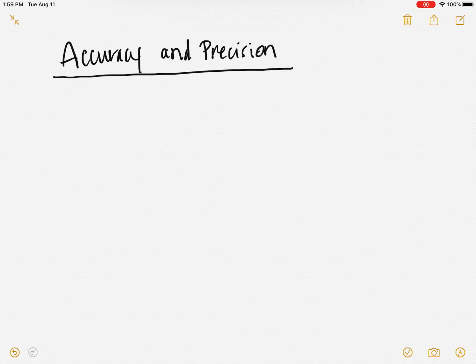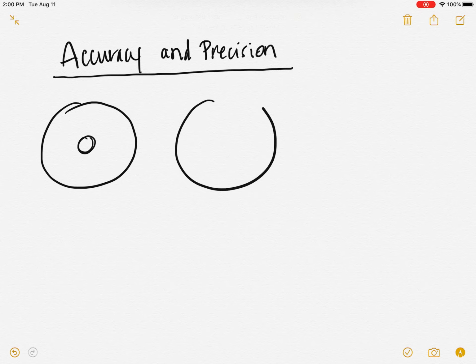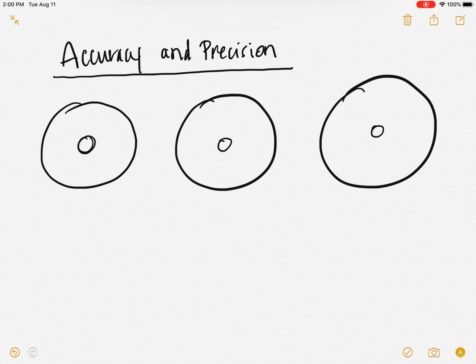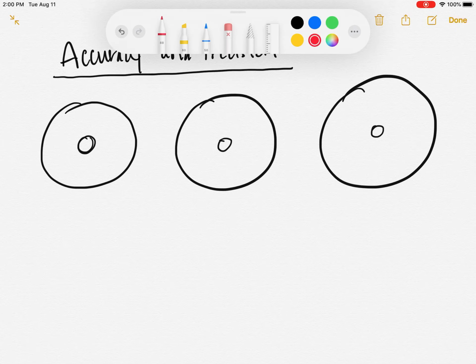So let's say you're throwing darts, and of course, when you throw darts, the goal is to hit the bullseye in the center, right? So let's say there are three targets and three people throwing darts, right? And here's your red bullseye in the center, okay?